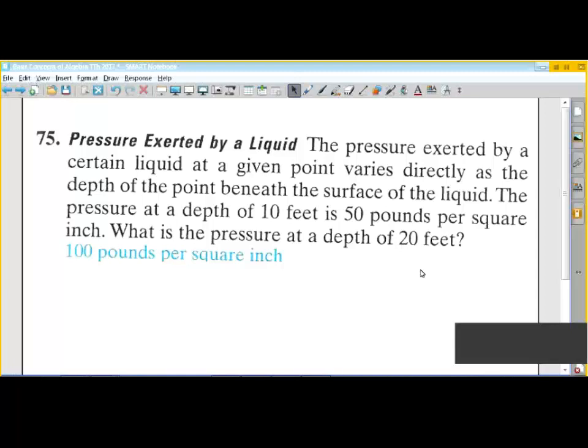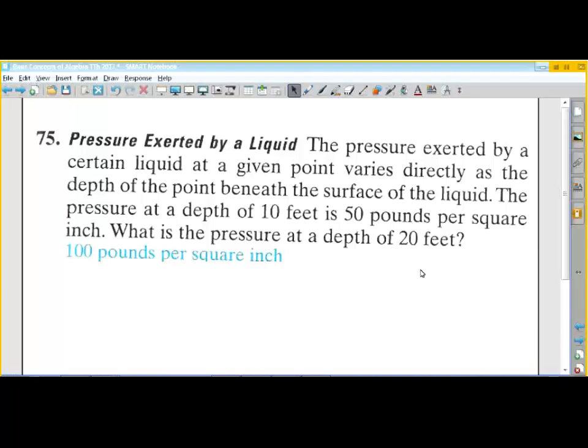All right. So what we're talking about is, for example, where would this apply? Well, if you're swimming in a pool, the pressure at the bottom of the pool is greater than the pressure at the top because of the weight of the liquid above you. And you can calculate it easily.